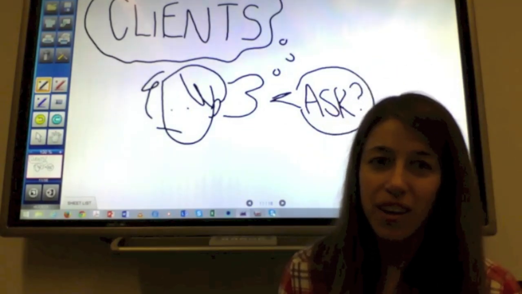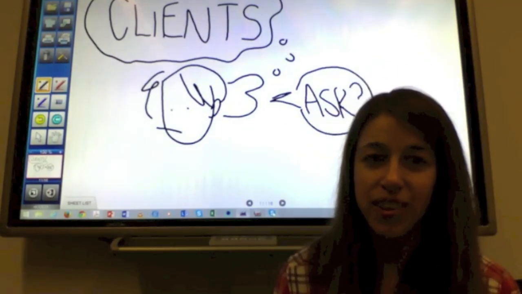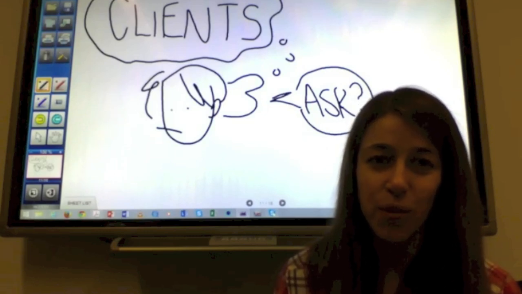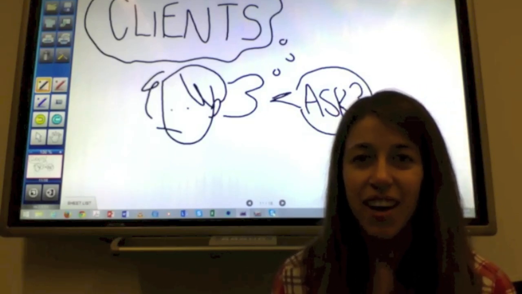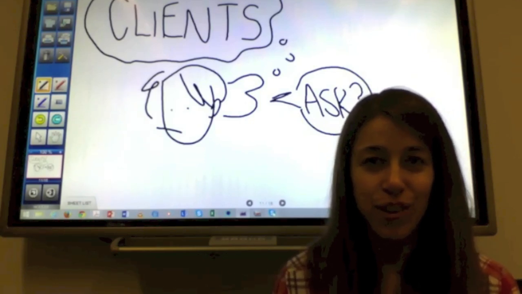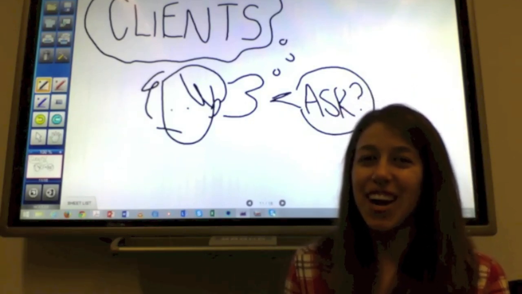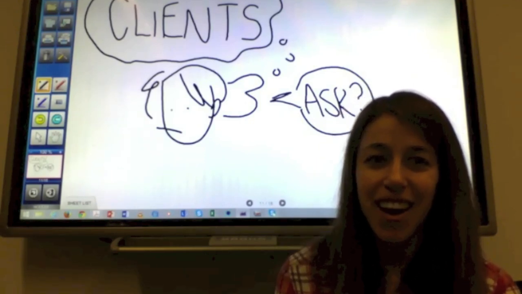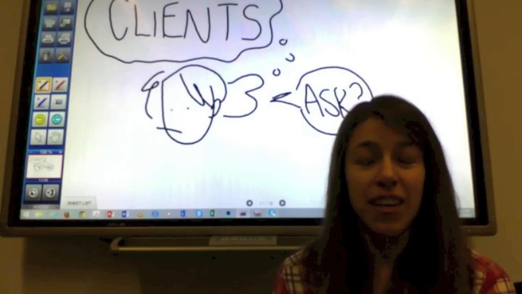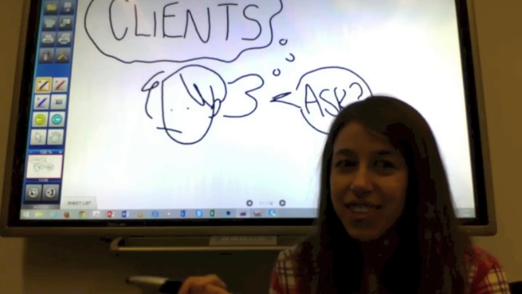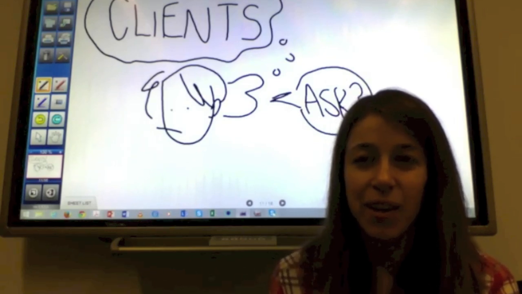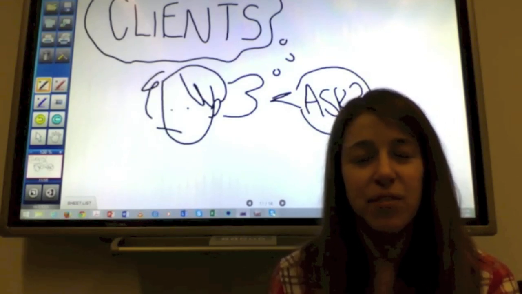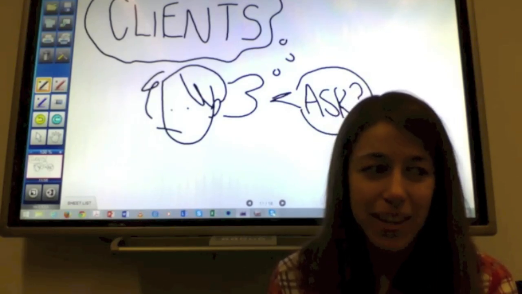Sketching might even be part of your design process, where you're leading them through a whiteboard exercise, or they want to be a part of the process, in which case you need to sketch with them. It's just how it happens. During meetings, sometimes I have to sketch just so I can remember all the things that are happening at the meeting. But once again, it's definitely client by client basis.